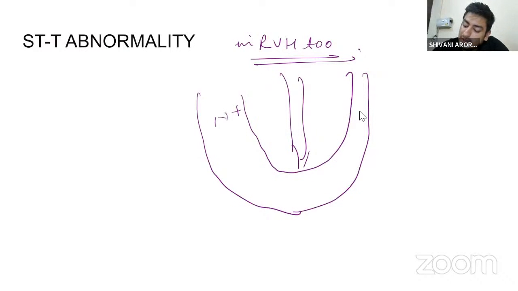So there would be T wave inversion with associated ST depression in right-sided leads. That is in lead V1 and V2. Clear?